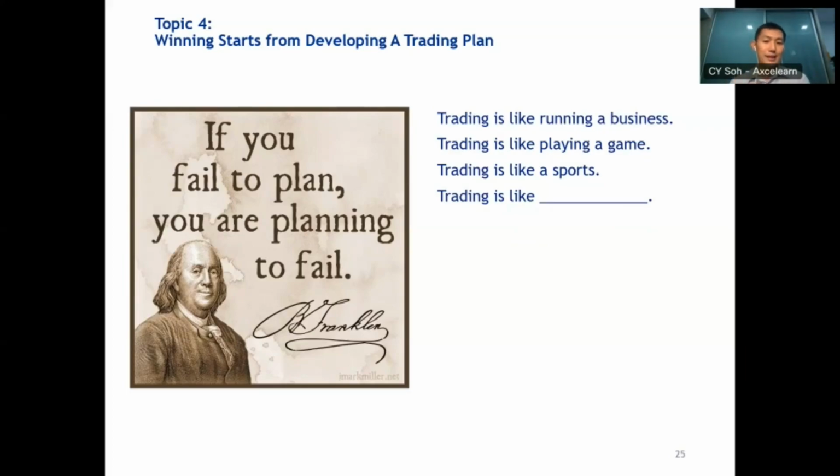And I need to make sure I have emergency protocols so that I am able to manage my risk if an emergency happens. And I also plan before I take off what my flying route is going to be. So these are my metaphor or analogy for trading.